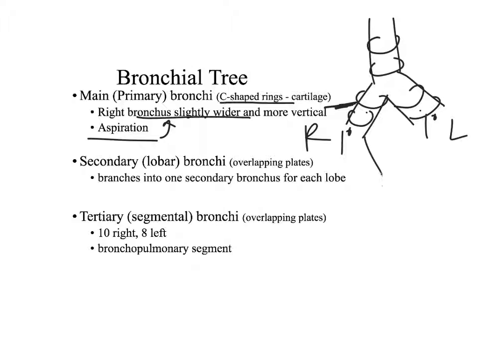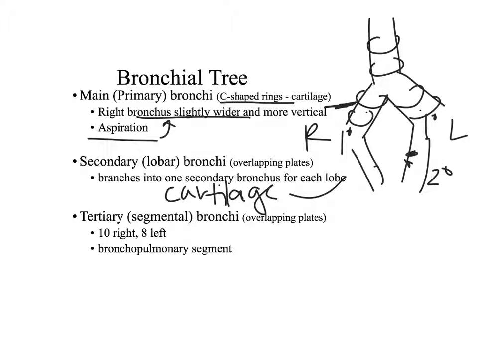Now when we get to the secondary, we split again. When we get into the secondary, there's still cartilage, but the plates overlap. So they're kind of going around, instead of being C-shaped rings, which is kind of funky.